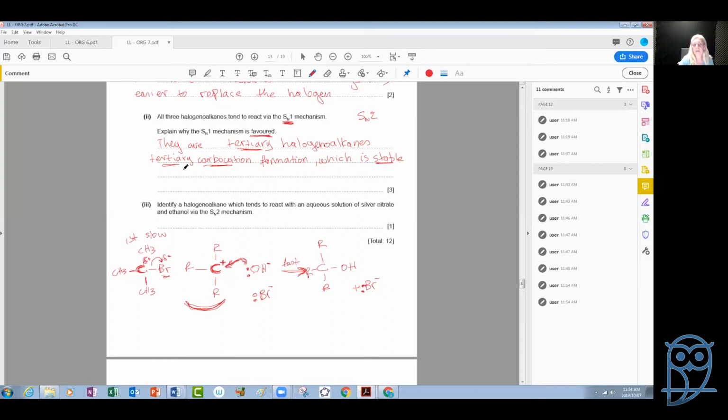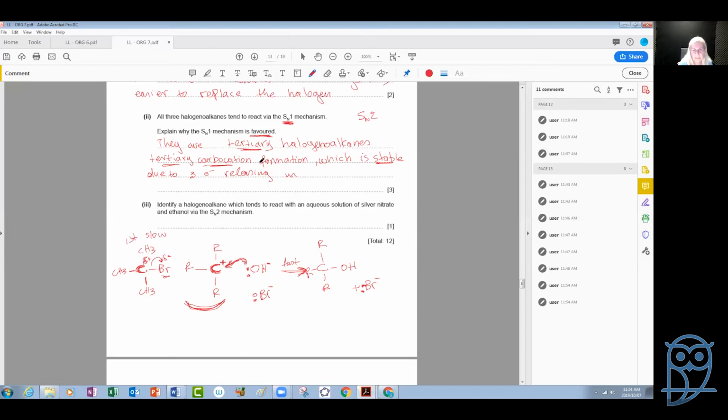And why is it more stable? Now we have to give a short explanation of why this carbocation is more stable, because of the free electron-releasing methyl groups, or alkyl groups.